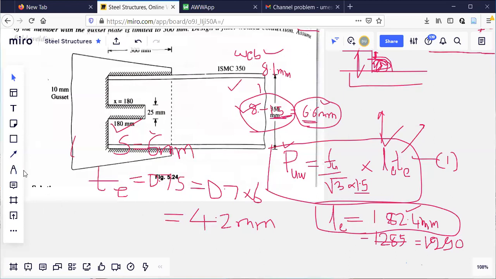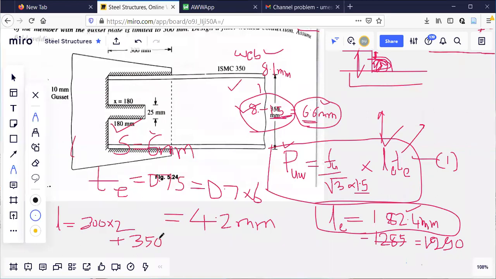So see here, what is available for me is 300 into 2 plus the depth of the channel section, which is 350. Is it clear what I am telling?